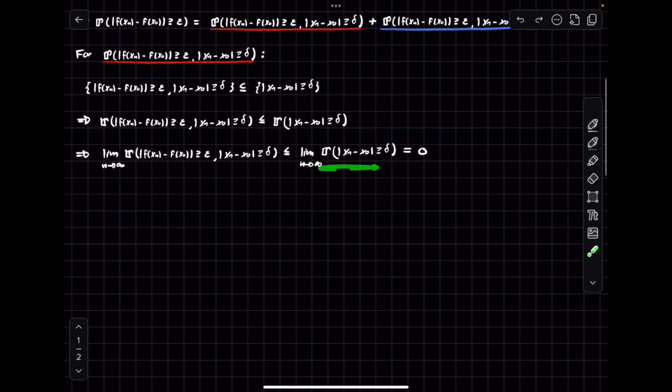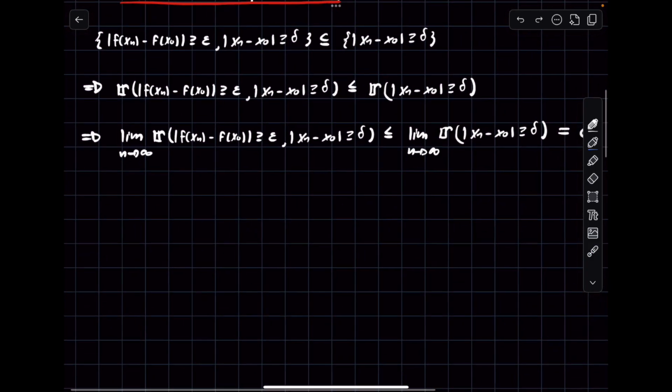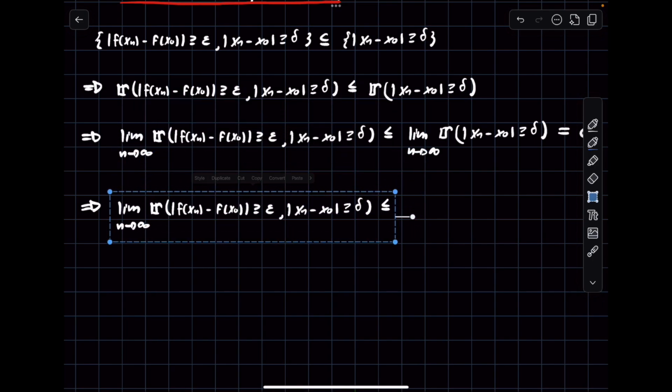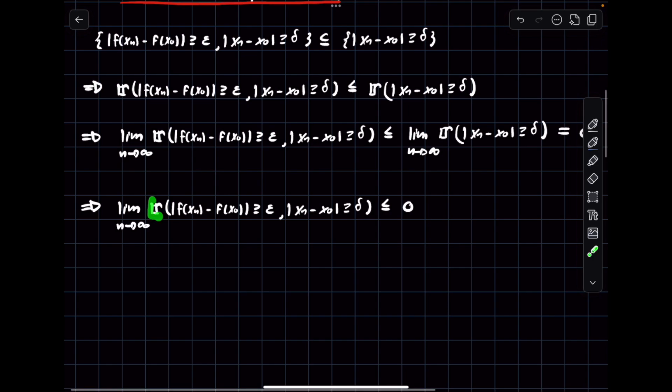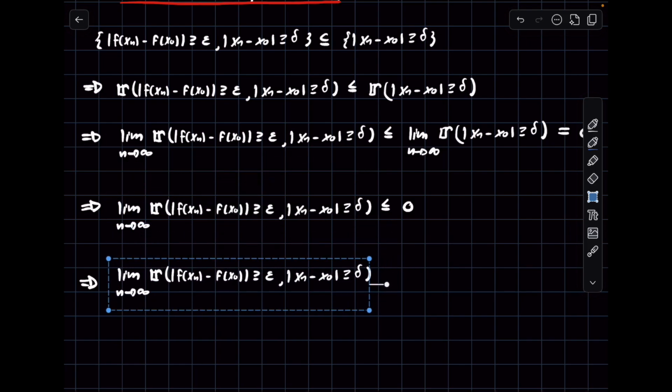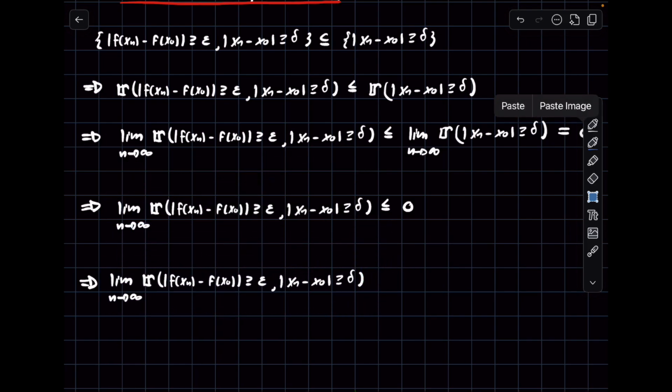So this will be equal to 0, meaning that this whole thing is lower or equal to 0. And as probabilities have the rule that they cannot be negative, the only thing that we can conclude is that this is equal to 0.